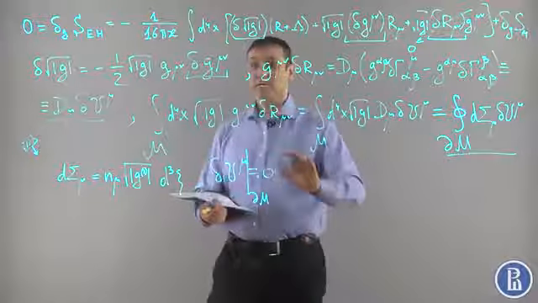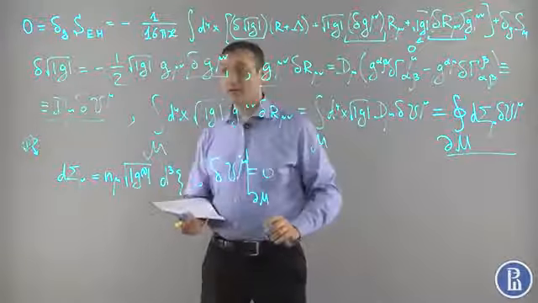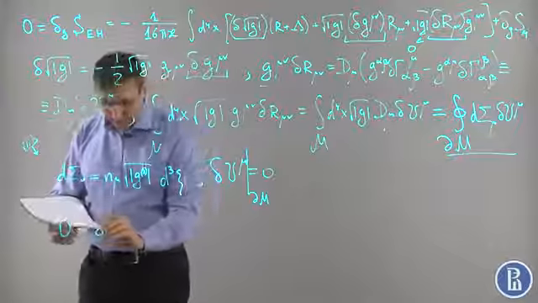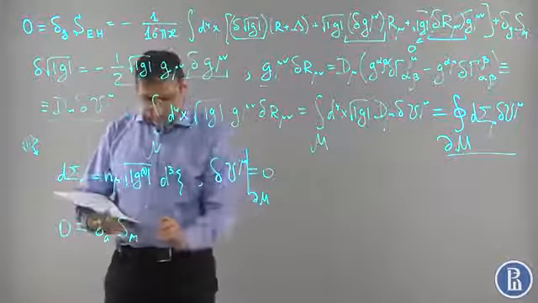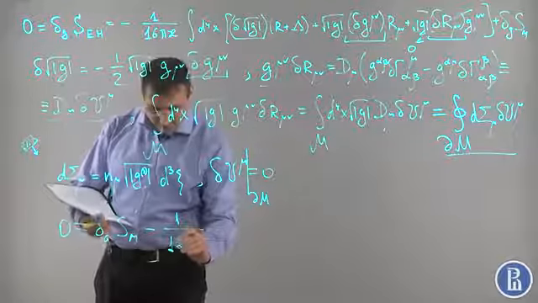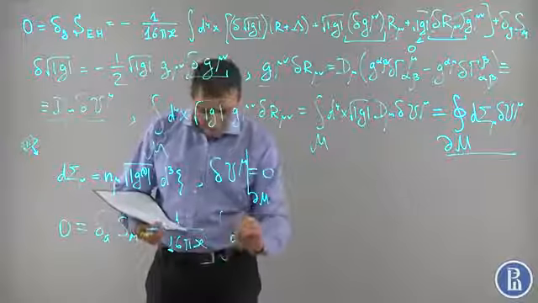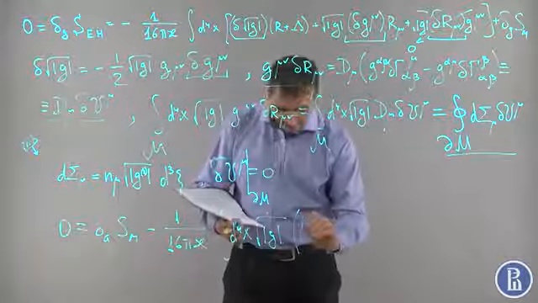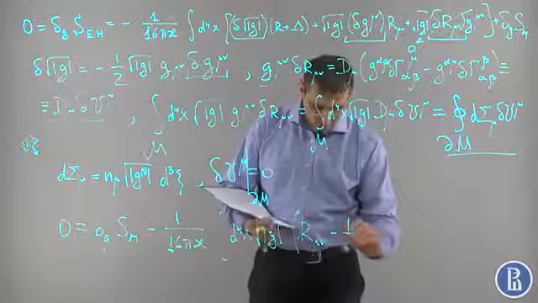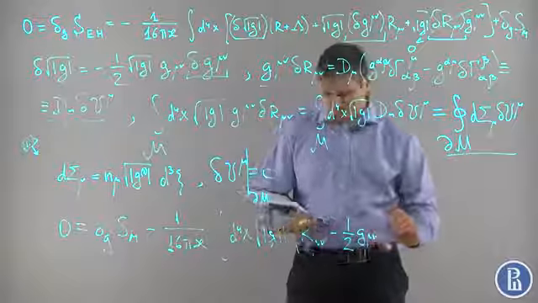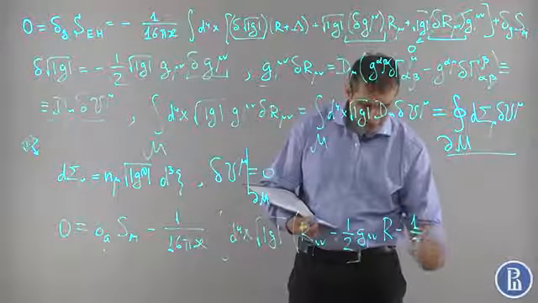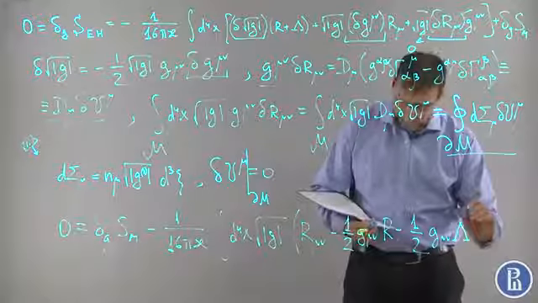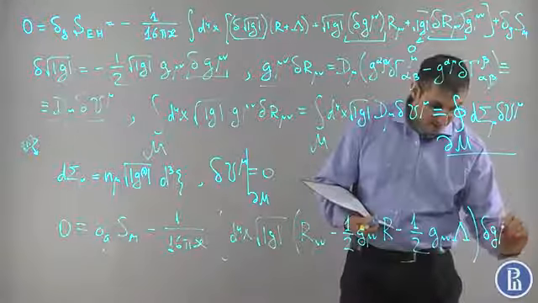As a result, combining this variation, this and this, we obtain that one has to put to zero the following quantity: variation of the matter action minus 1/(16πκ) integral over d^4x square root of modulus of g times (R_μν minus 1/2 g_μν R minus 1/2 g_μν Λ), multiplied by δg^μν.